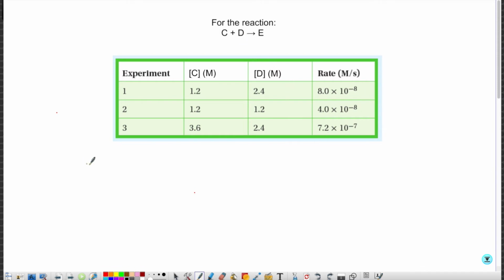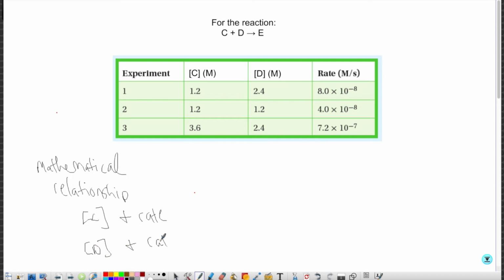So my question for you is, what is the mathematical relationship between concentration of C and rate and concentration of D and rate? Okay, see if you can figure those things out.